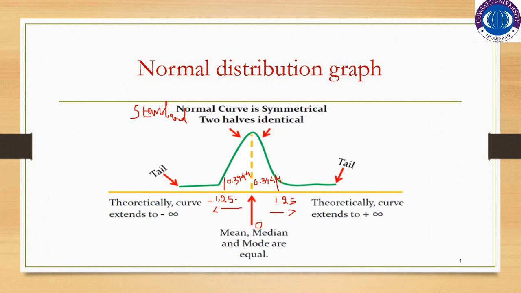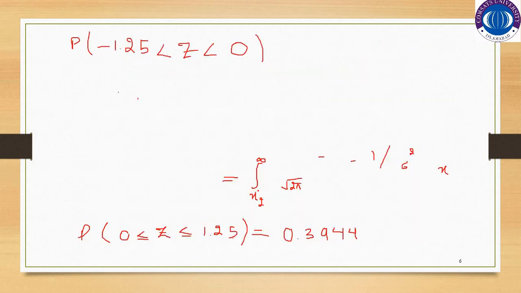This is positive and this is negative, but the area from this point to 0, or from 0 to 1.25, will be 0.3944. So we will have the probability of minus 1.25 less than z less than 0 again equal to 0.3944.